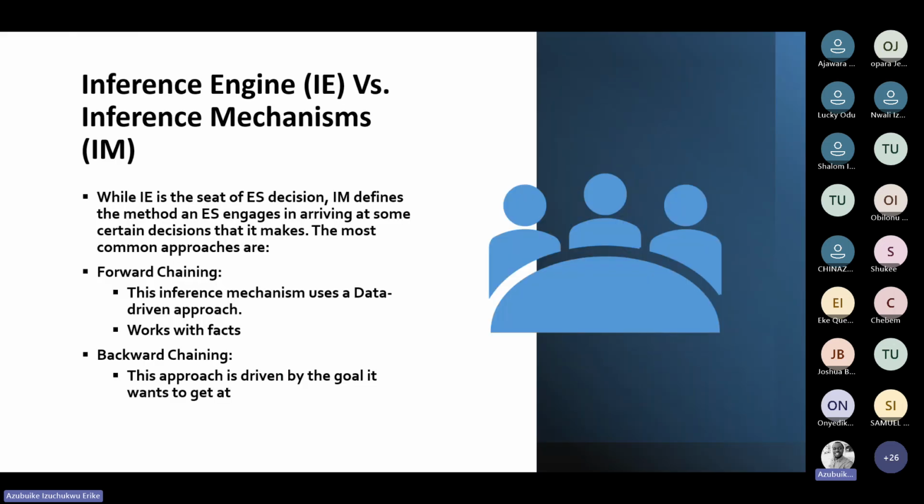So what then is the inference engine? There are two things that we want to look at here: the inference engine itself versus the inference mechanism.